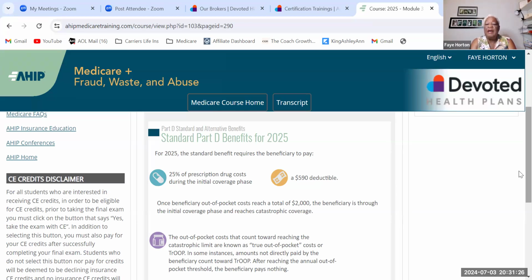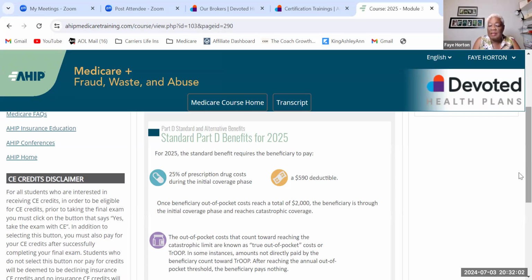So for 2025, the standard benefit requires that the beneficiary pays 25% of prescription drug costs during the initial coverage phase. A deductible of $590. Once the beneficiary out-of-pocket cost reaches a total of $2,000, the beneficiary is through the initial coverage phase and reaches the catastrophic coverage.